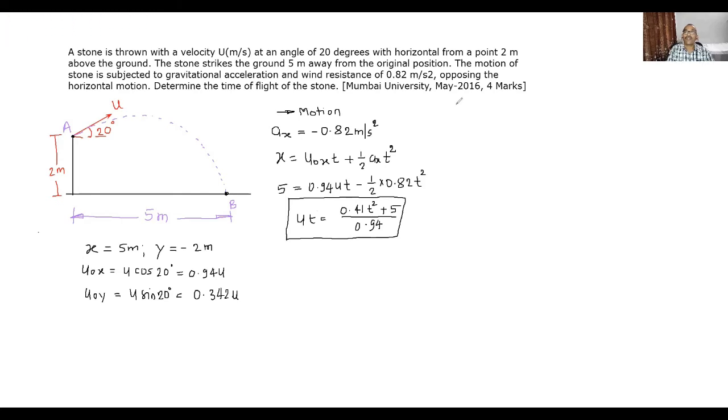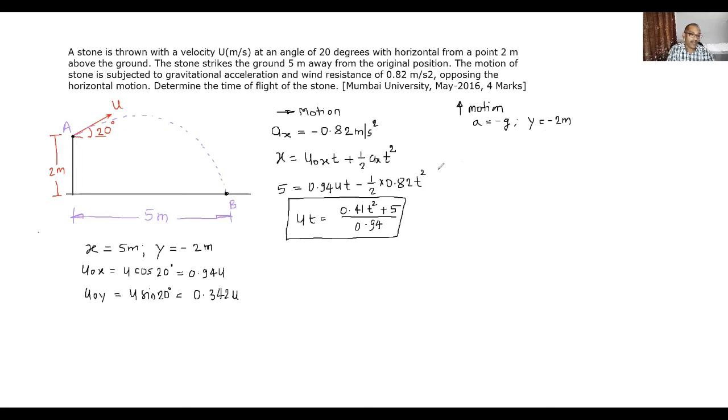Now if we consider vertical motion, in the vertical direction the acceleration is the acceleration due to gravity. That means a is minus g. And you know the y term is minus 2 meter.